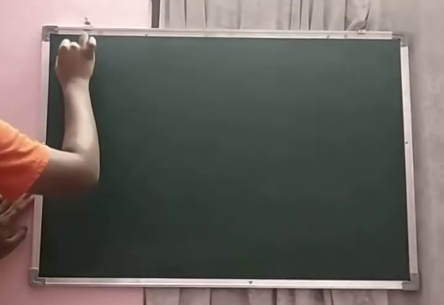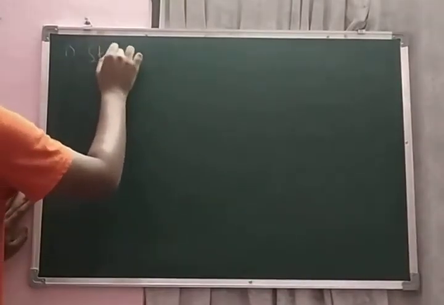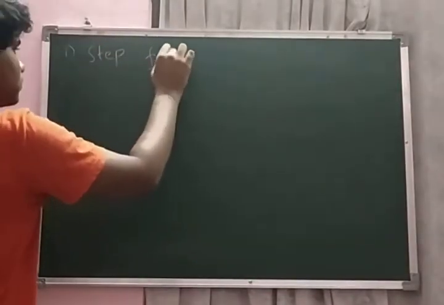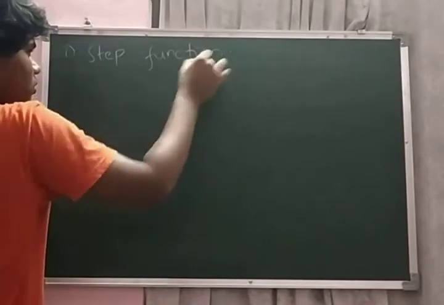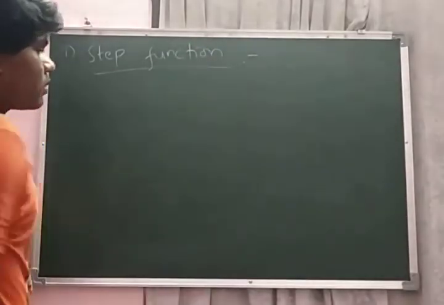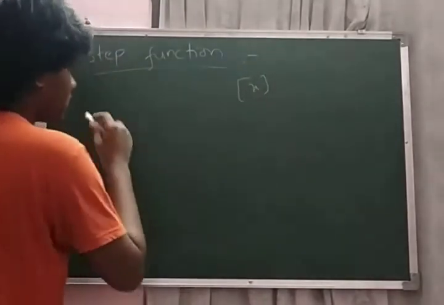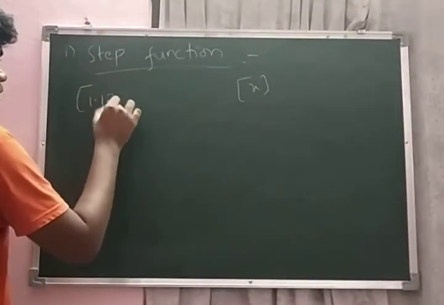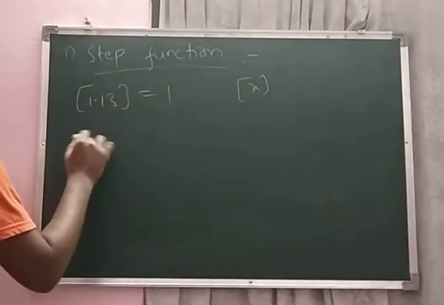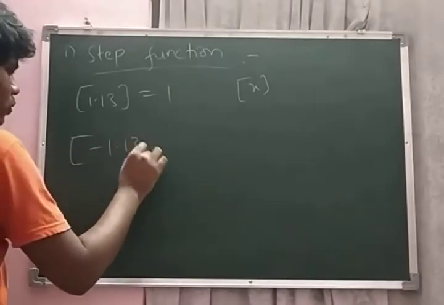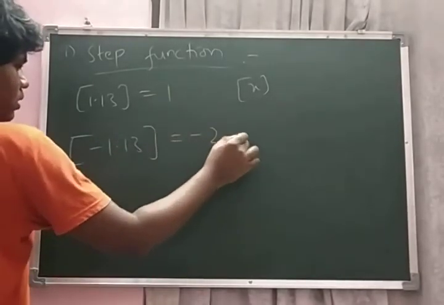So now types of functions. In this, first the step function. So what is the step function? Just now we discussed step of x. Step of 1.13 is 1. Step of minus 1.13 is minus 2.